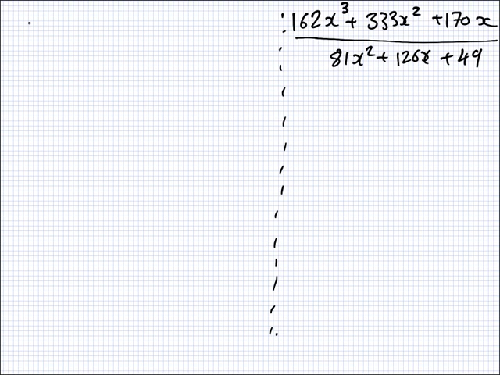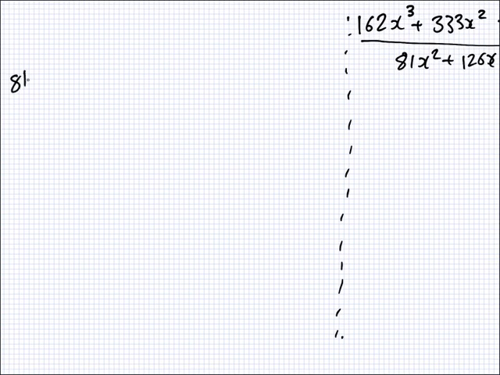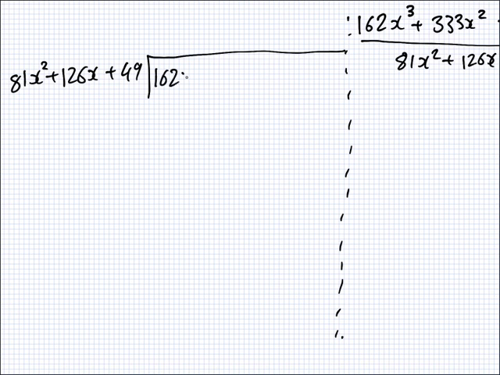Right, let's see. So that would be 81x squared plus 126x plus 49. I think I've left not enough space here, unfortunately. Okay, that should be enough space. And then this was 162, and then 3, and then after that 170.